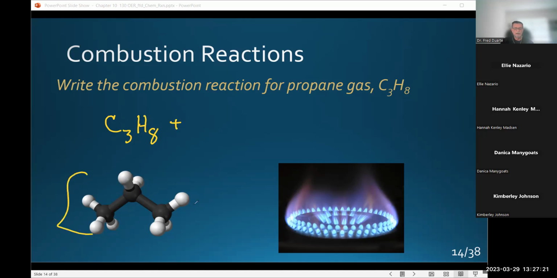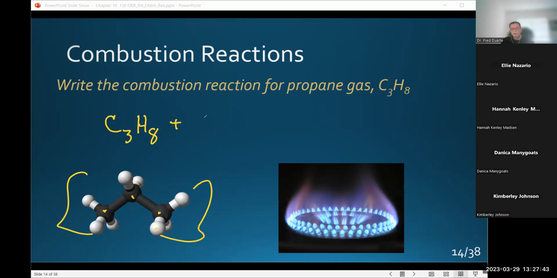This is an example of a space-filling structure. We got 3 carbons there, and then 3 hydrogens bonded to each of the outer carbons, and 2 on the center carbon. Okay, but this is propane that is burning.